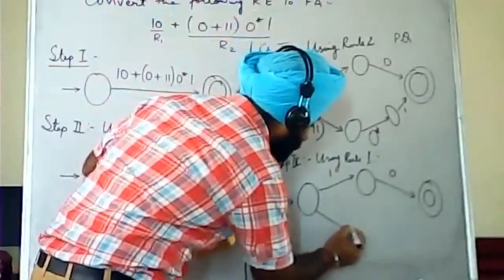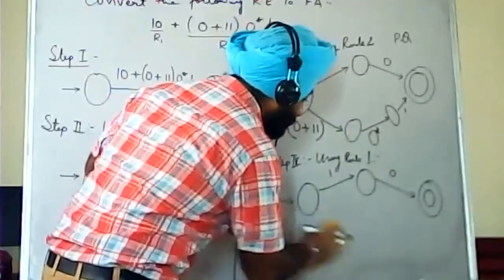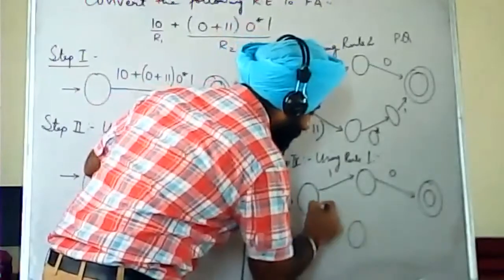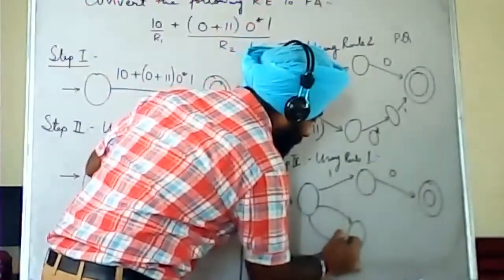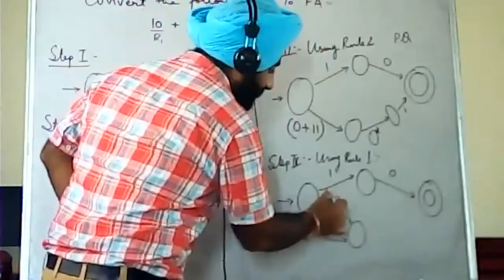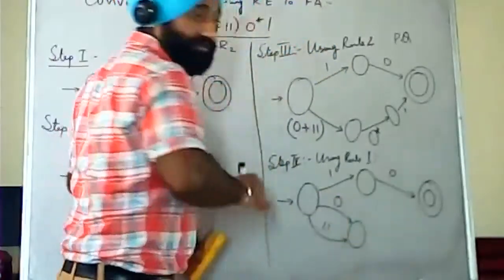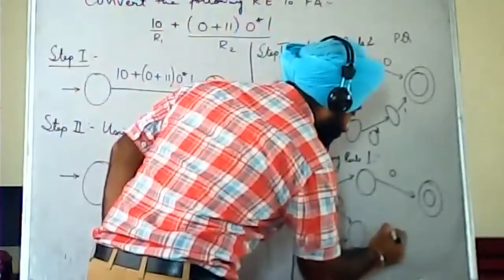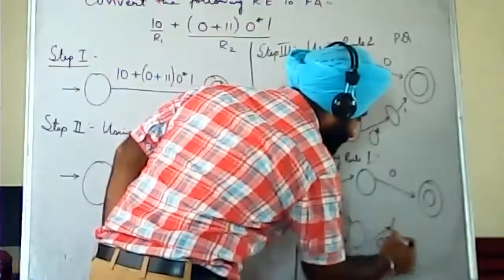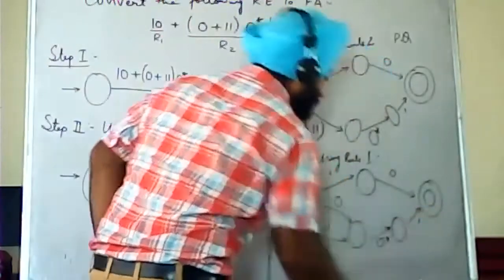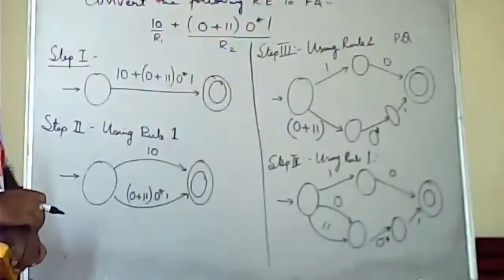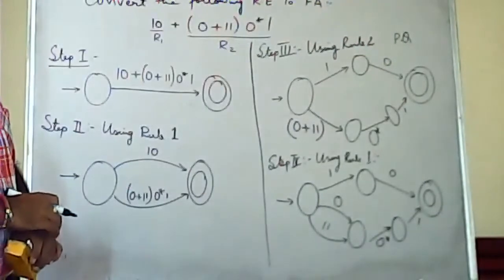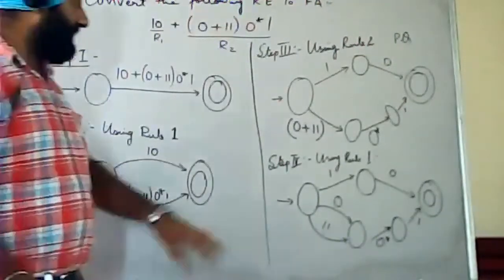Then for this 0 plus 1 1, to the next state you have two ways, one with 0 and another one with 1 1, right? And the remaining section will be as such. Right?